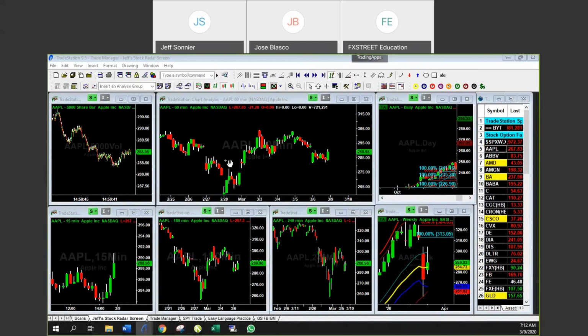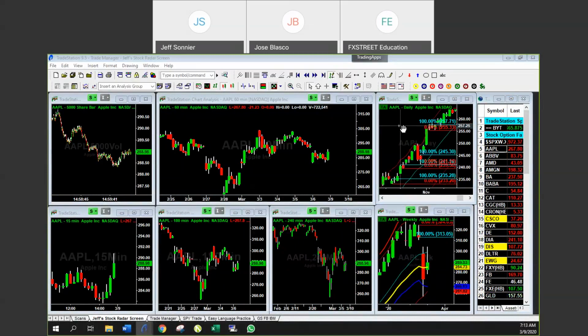Let's focus on the stock market. Although the futures market last night will have a huge impact on where stocks open today, we're going to be focused on what we can do from a stock market perspective, and see if we can find any trades that could let us make some money going forward.